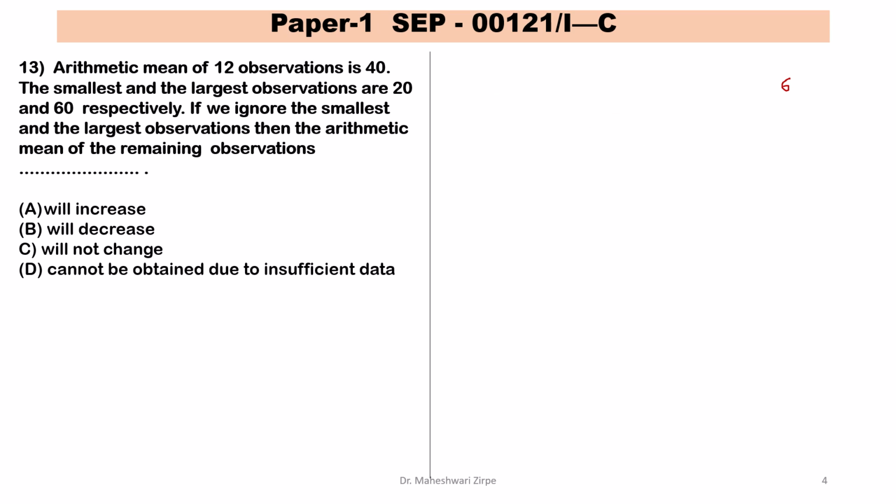Now what they have asked next is, if we ignore the smallest and largest observations, then the arithmetic mean of the remaining observations, we have to find out whether it has increased, decreased or did not change.